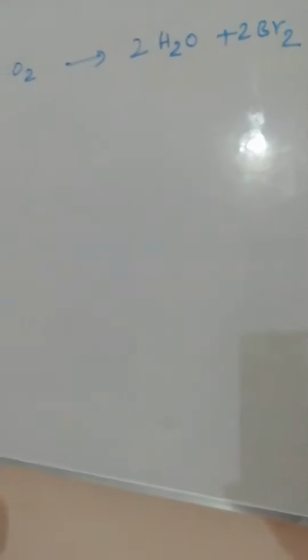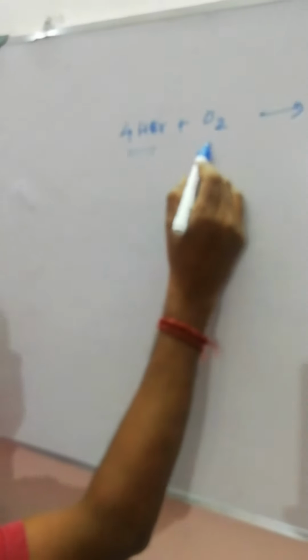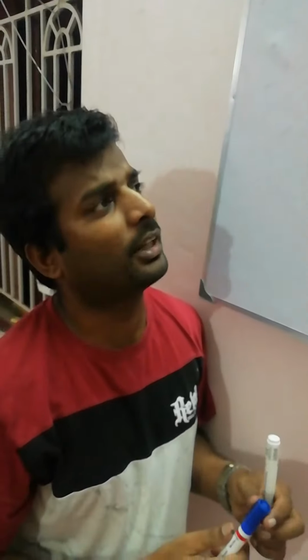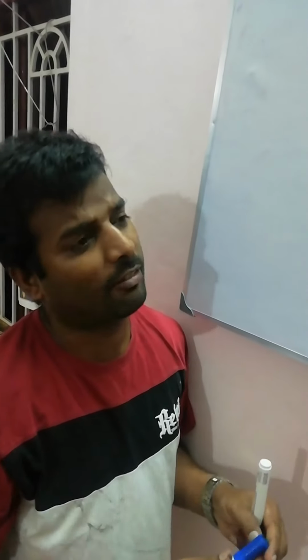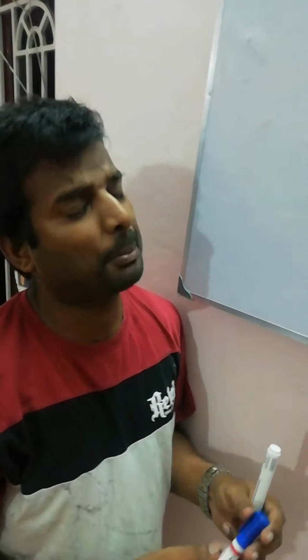This is a complex reaction because there are 4 molecules of HBr and 1 molecule of oxygen. Therefore, 5 molecules colliding at a time to give product in a single step is very difficult. So it undergoes several steps to give the product.